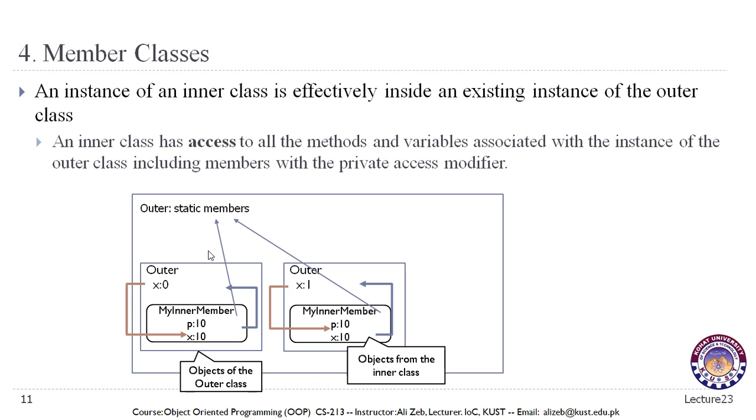So basically it has access to all the members of the outer class. It can be said that an instance of an inner class is effectively inside an existing instance of the outer class.